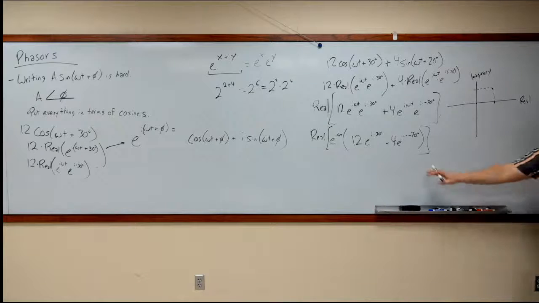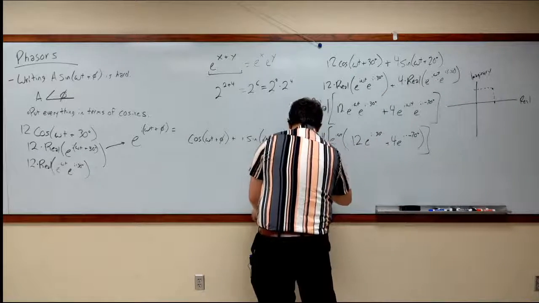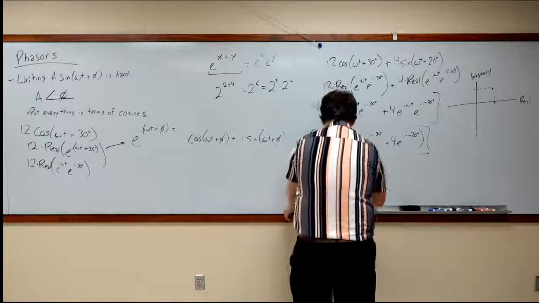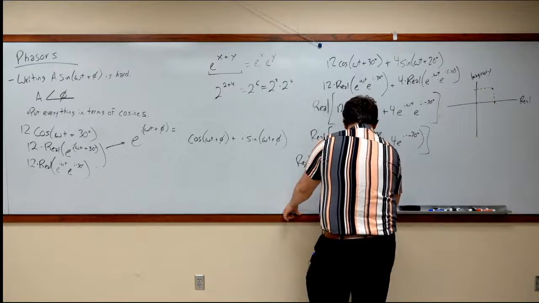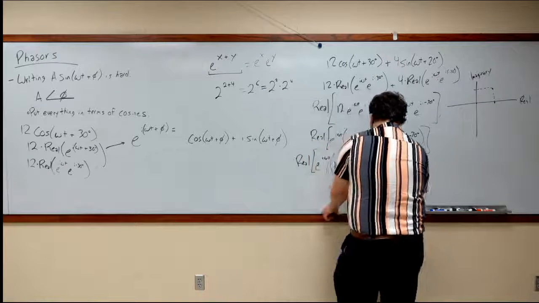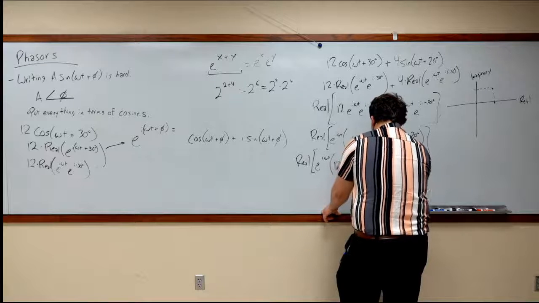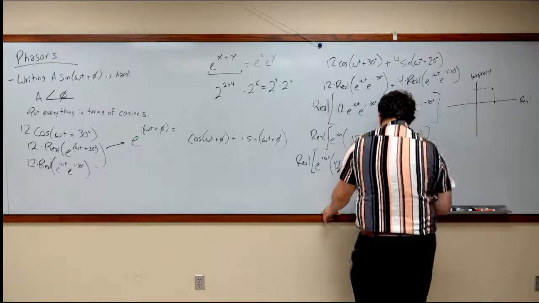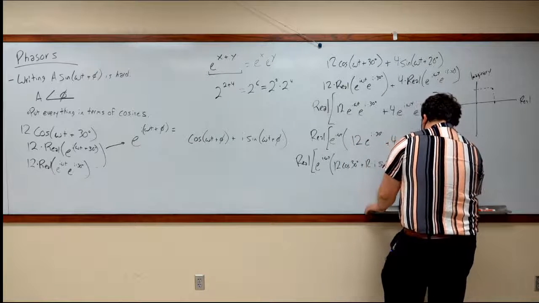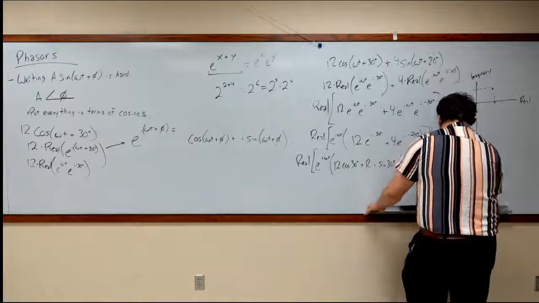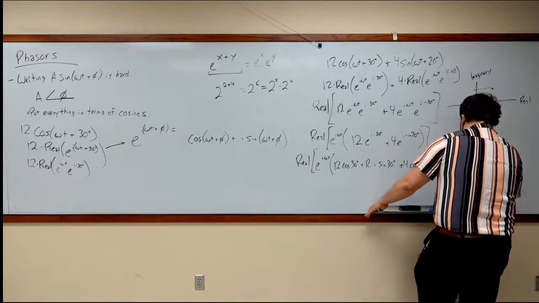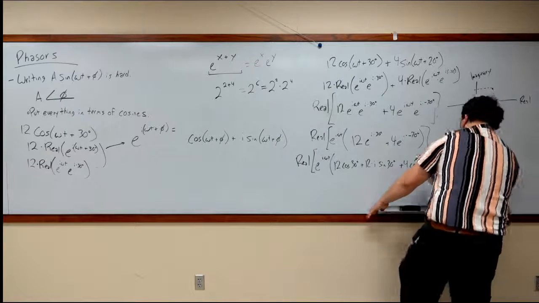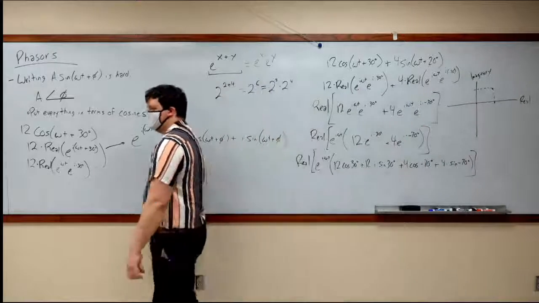This breaks up into the real part of e to the I omega t times 12 cosine 30 degrees plus 12 times I sine 30 degrees plus 4 cosine of negative 70 degrees plus 4 times I sine negative 70 degrees. That's just writing it out.